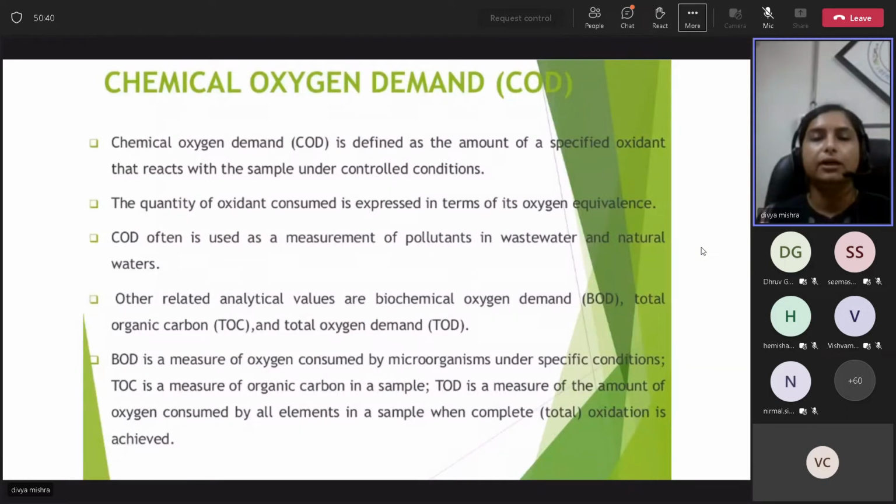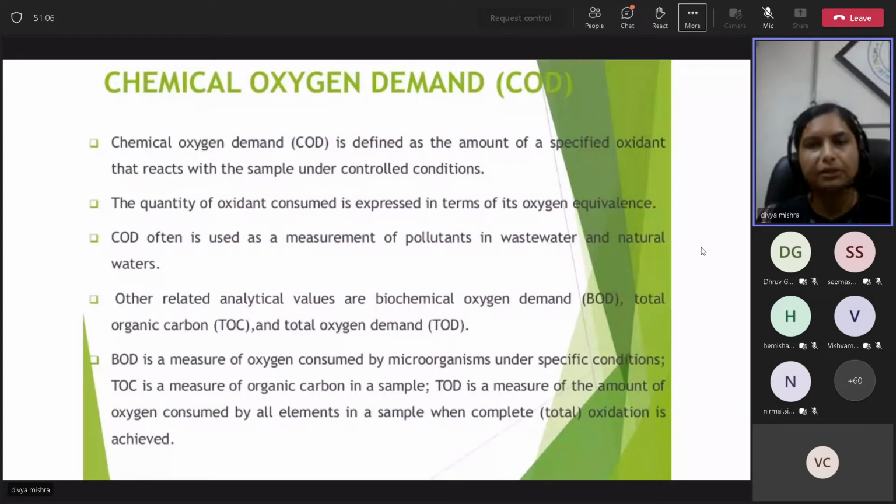If there is any biological matter in that sample to get decomposed, then we will say that it is BOD value for organic, and if it is for chemical, we say it is a COD value.